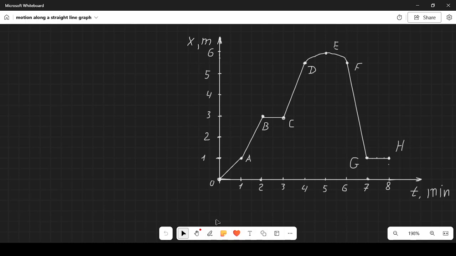So let's say we went out from the home to the playground. There is a bench here, and somebody is sitting on the bench.